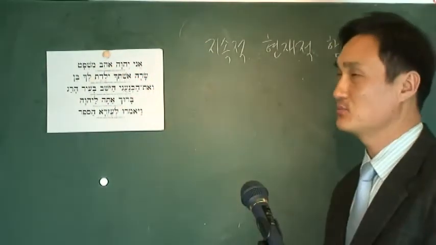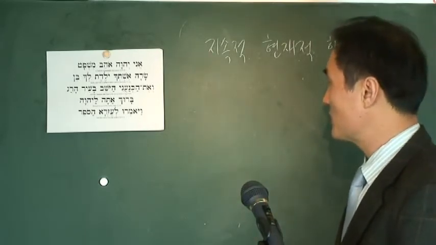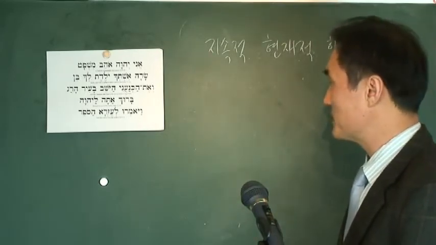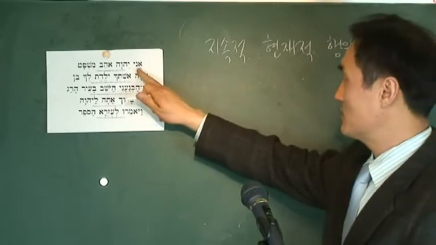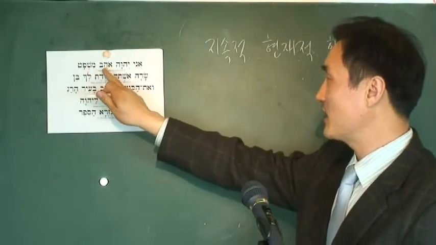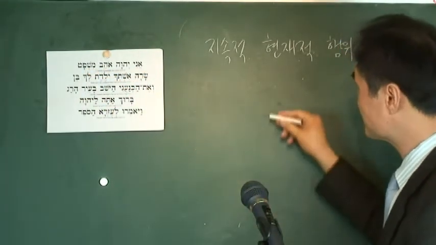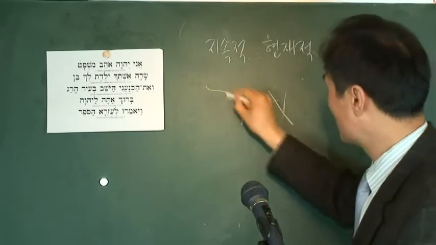Let's look at the sentence. Ani Adonai Oheb Mishpat. This means I, the Lord, love justice.